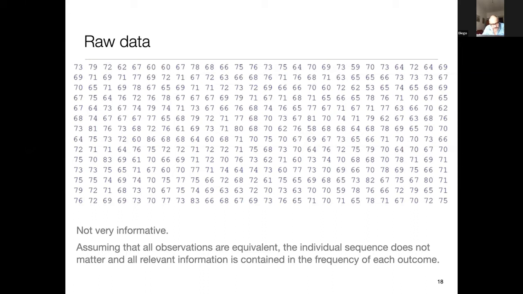And assuming that all observations are made in equivalent conditions, the individual sequence does not matter typically. And all the relevant information is contained in the frequency of each outcome. So I'm not really interested to know that 79 here was following 73 and 72 was following 79. Perhaps the only thing that matters is how frequent each of these values is, right?